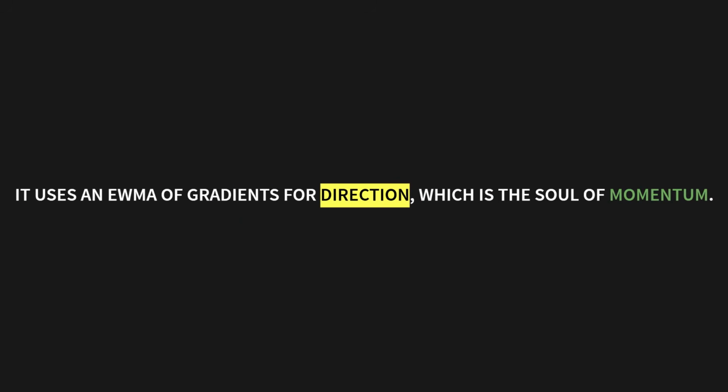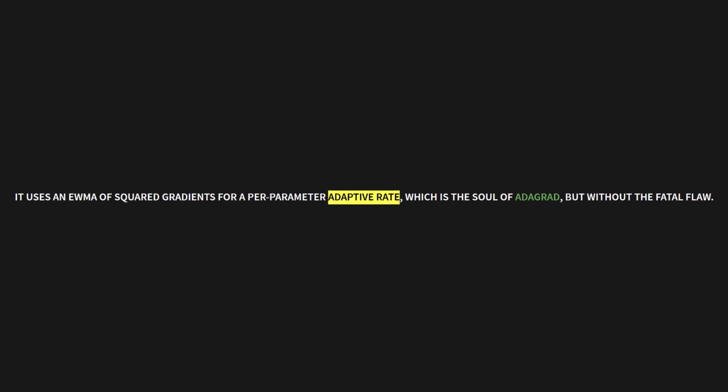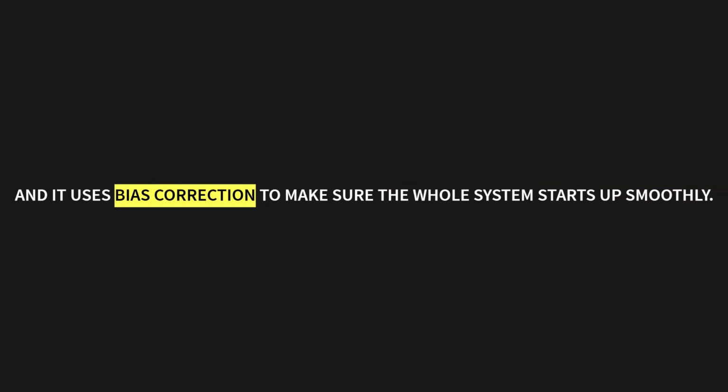It uses an EWMA of gradients for direction, which is the soul of momentum. It uses an EWMA of squared gradients for a per-parameter adaptive rate, which is the soul of Adagrad, but without the fatal flaw. And it uses bias correction to make sure the whole system starts up smoothly. The result is a robust, high-performance algorithm that automatically adapts to the unique challenges of a complex loss landscape.